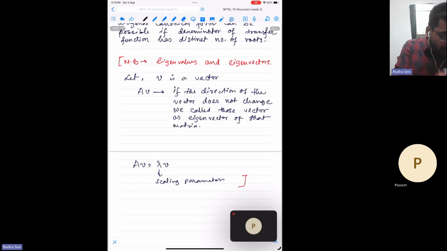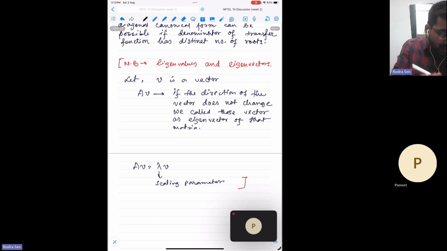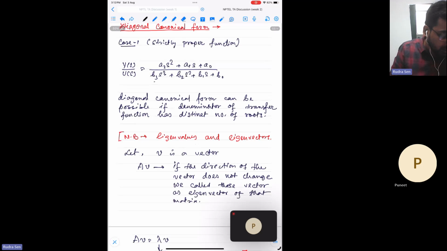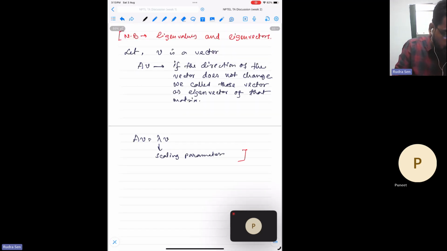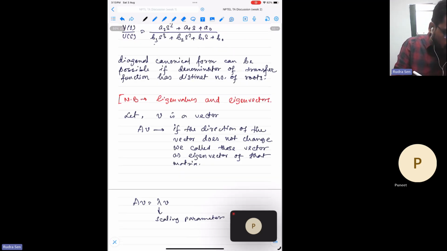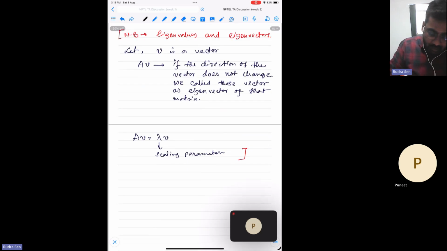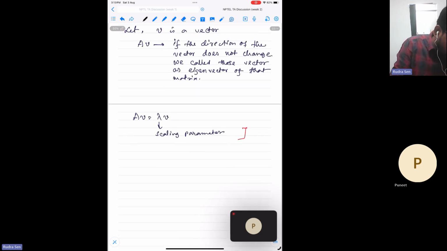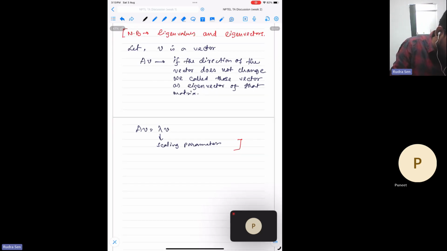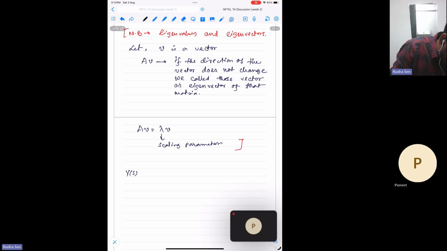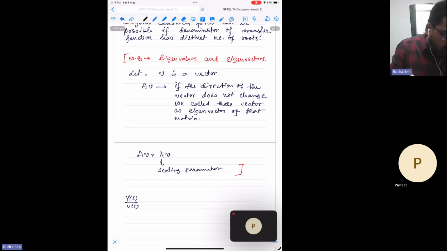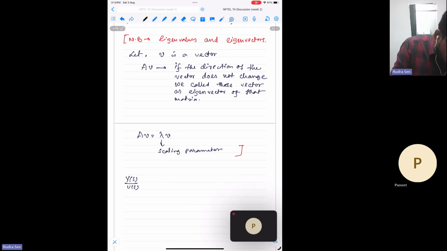Now I'm going to discuss a little bit how this diagonal canonical form comes for a strictly proper function. So this is our system, Y(s) by U(s). We do the partial fraction.